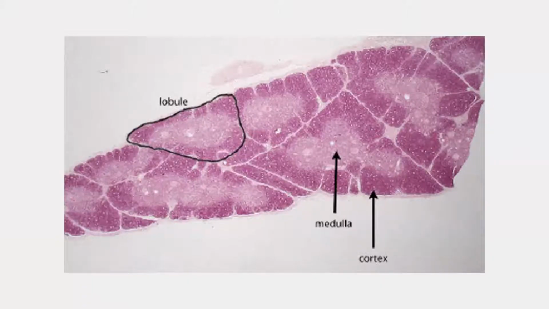This is the other picture of the thymus. In this picture, you can see thymic lobule. This is the capsule. These are trabeculi, and the trabeculi come into the organ and make different lobules for us. In each lobule, you have darker cortex and lighter medulla.